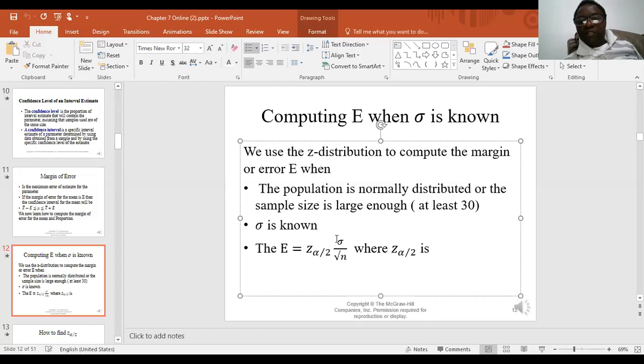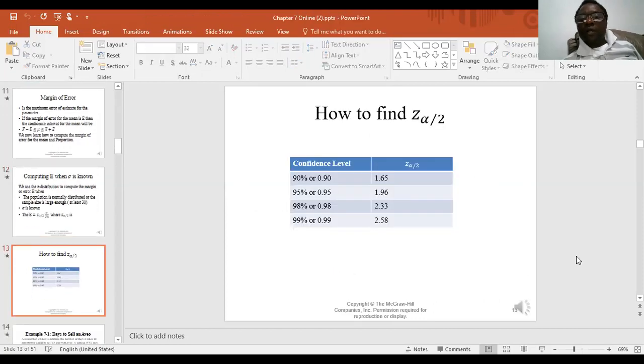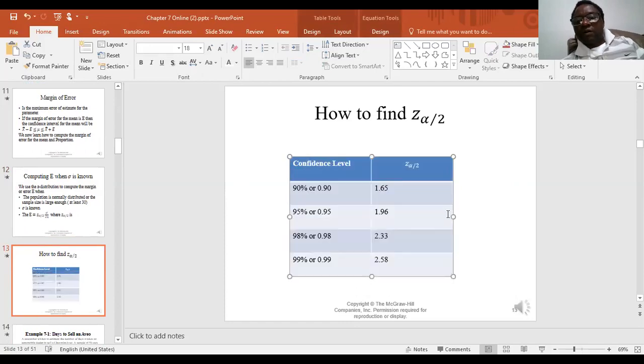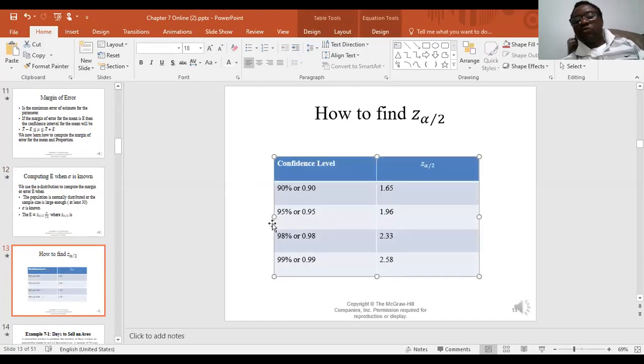Sigma is the population standard deviation and n is the sample size. So these are the Z alpha over 2 values for the most common confidence levels. For example, if the confidence level is 90%, then Z alpha over 2 is 1.65.